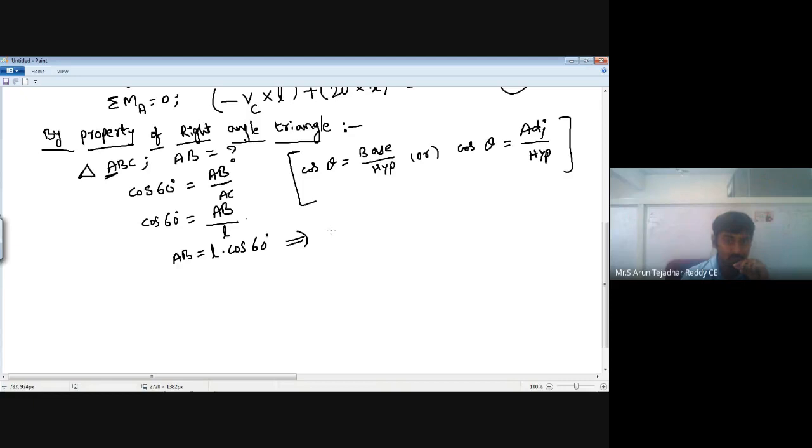What is the value of cos 60? That is 1 by 2. L into 1 by 2 equals L by 2. So AB distance is L by 2.